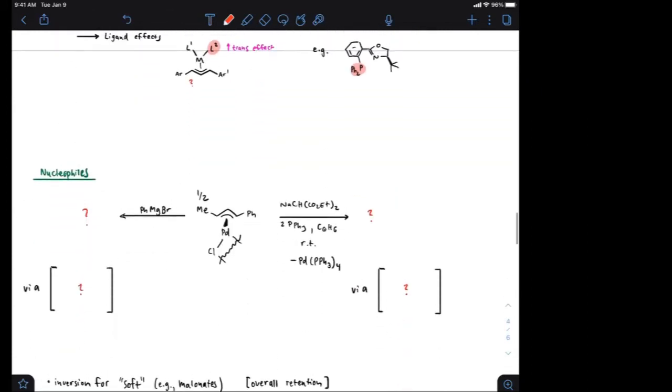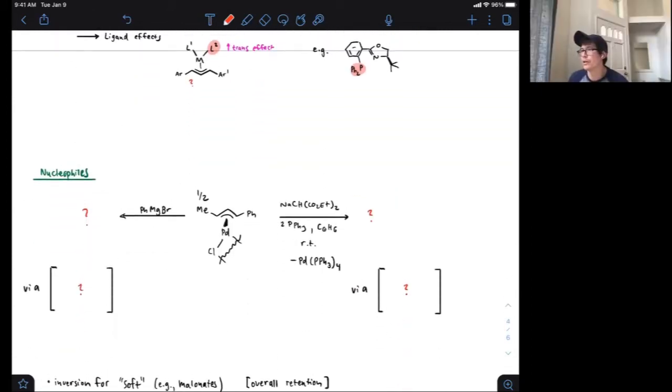So what you're asking about, Noor, is essentially this. Can you use a trans effect to influence site selectivity? And then if you design a ligand, let's say, that has a stereocenter next to the position where you've now encouraged the nucleophile to attack, can you control an anti-selectivity? And so that's the design behind ligands like this Fox ligand.